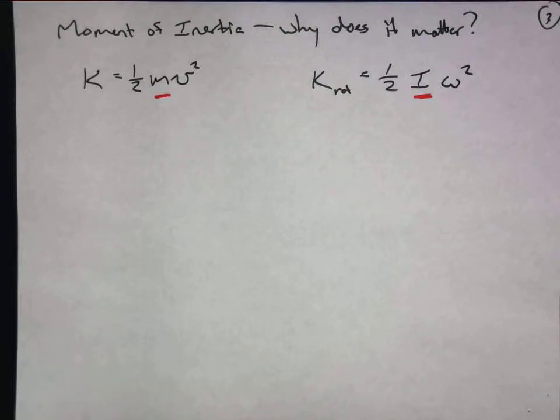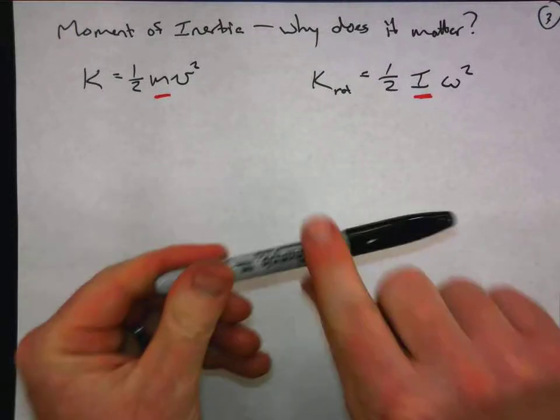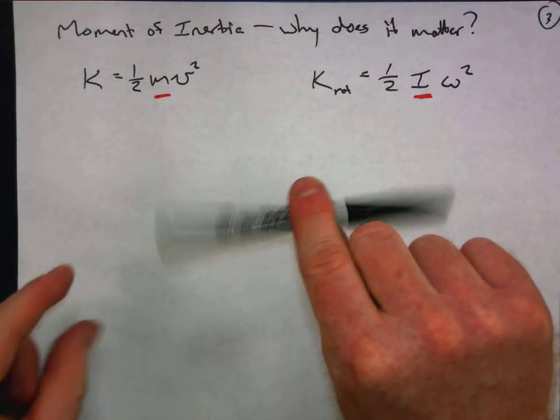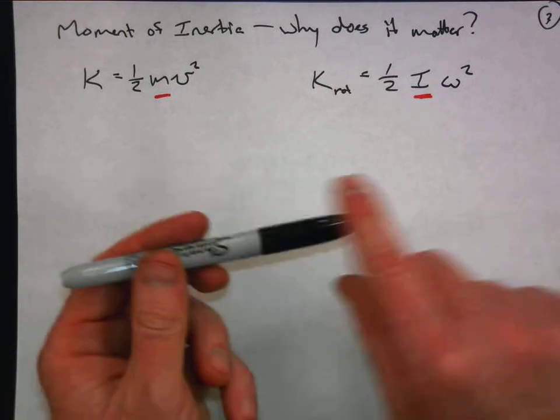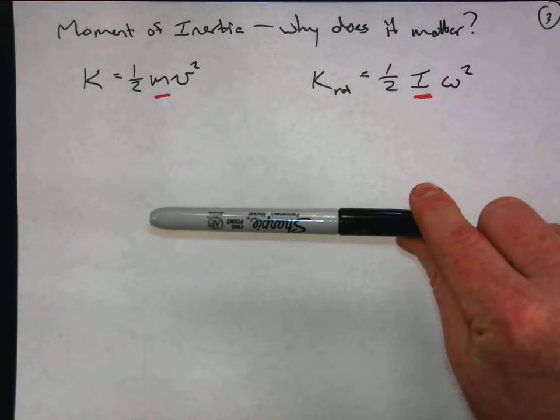And so again, practice getting that stick to wiggle: hold it in the center, hold it at the end. By moving the location of where you hold it, imagine holding the stick in the center and trying to change that angular motion, and then holding the end and trying to change the angular motion.